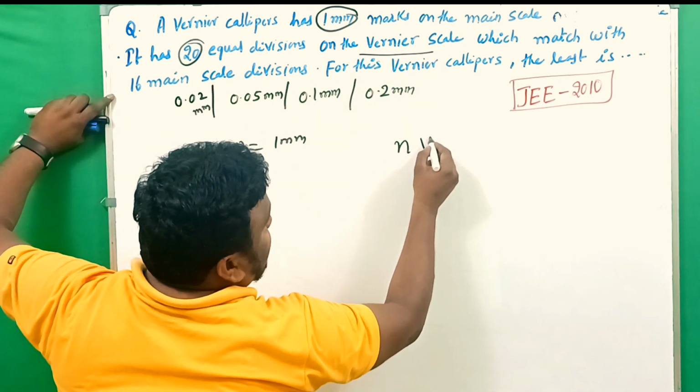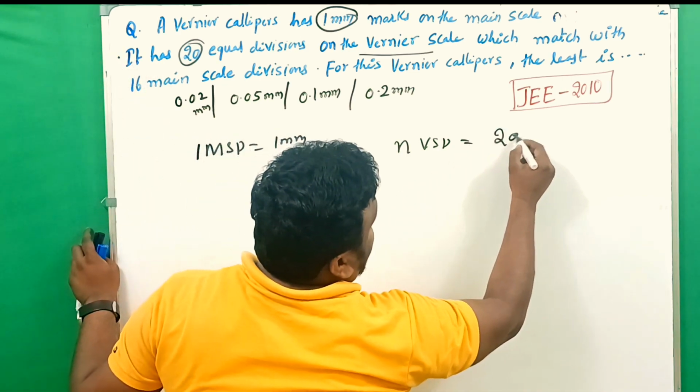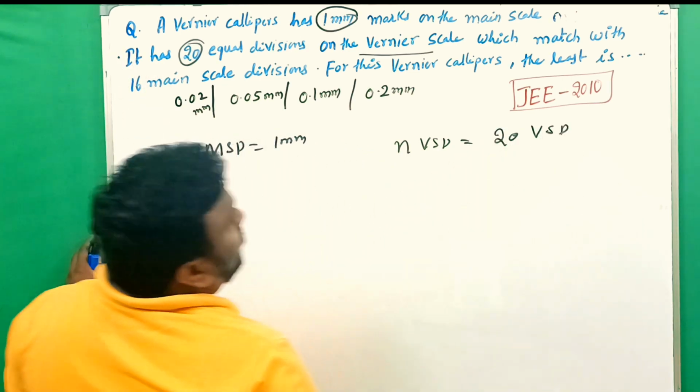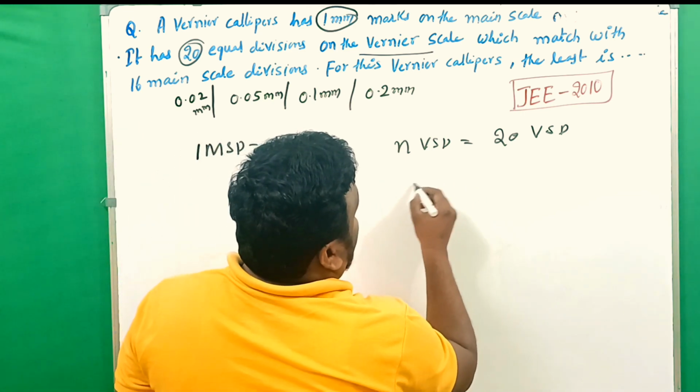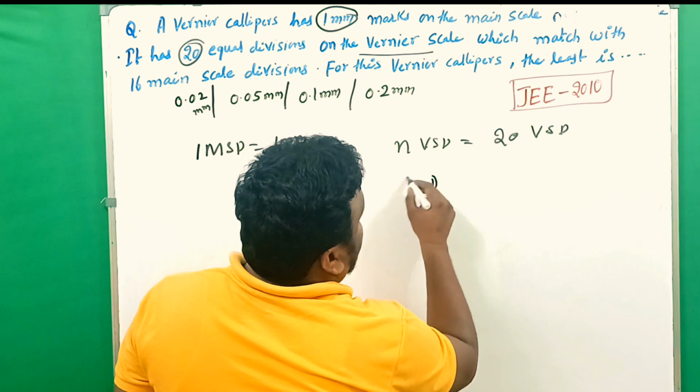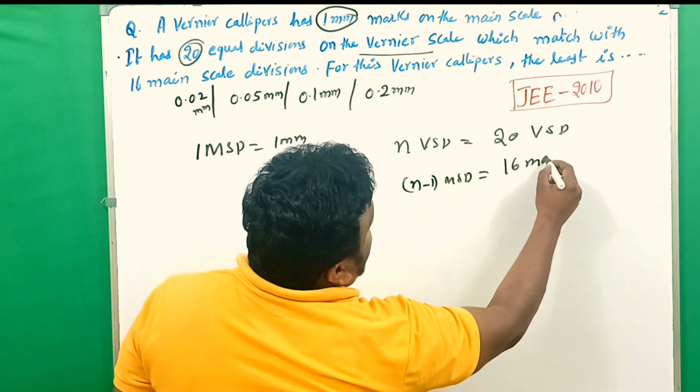So n VSD, how much here? 20 vernier scale divisions, which match with the n minus 1 main scale. So n minus 1 MSD here, simply 16 main scale divisions.